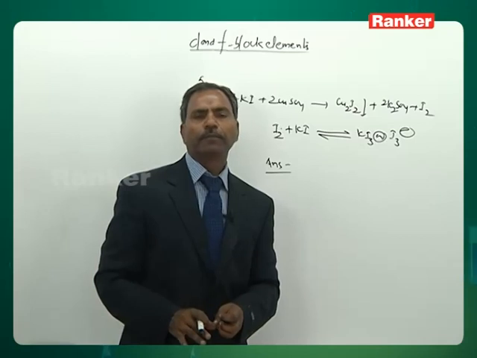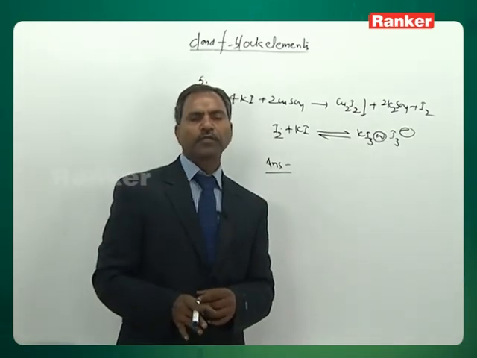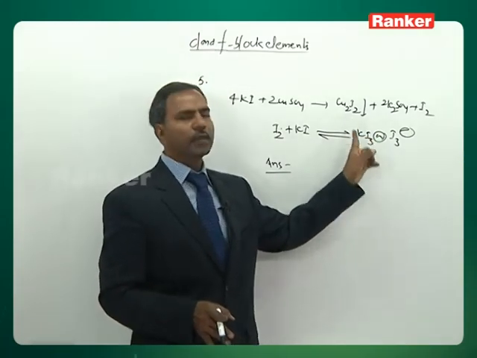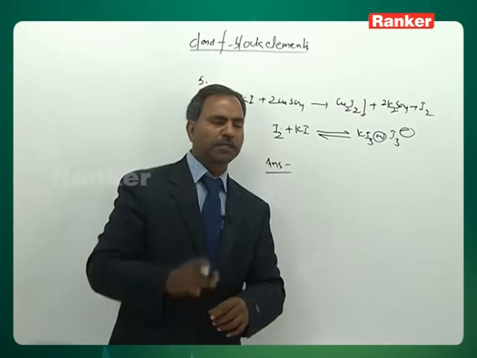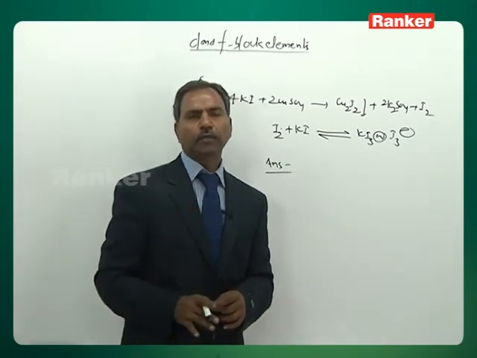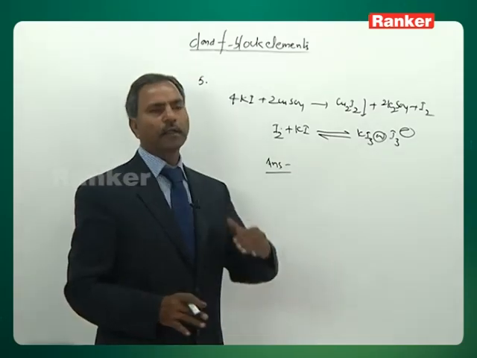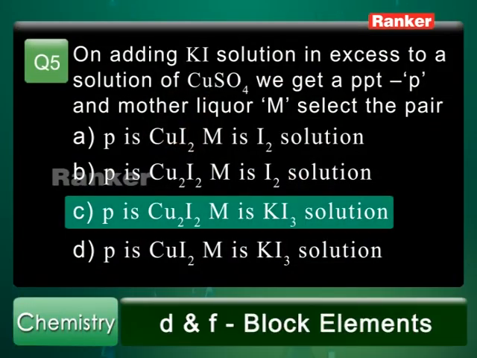Therefore, in option C, P is the Cu2I2 precipitate and KI3 is soluble in water. So the answer is option C. It is very important to remember this question, as it appears in different exams.